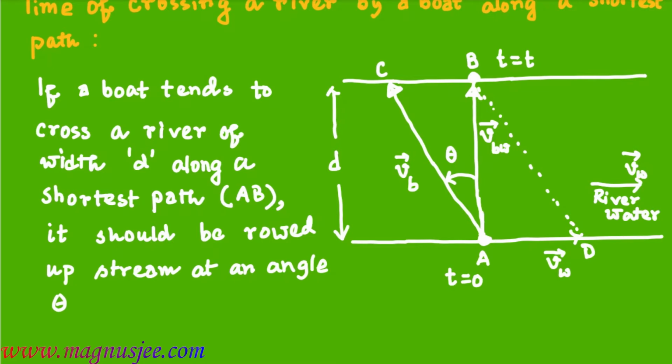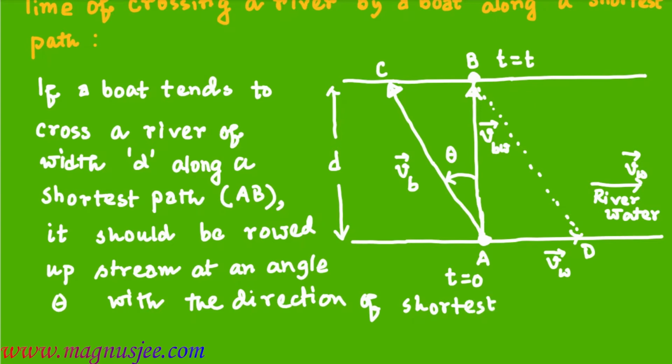The boat should be rowed up the stream at an angle theta with the direction of shortest path AB. If a boat tends to cross a river of width d along a shortest path AB, it should be rowed upstream at an angle theta with the direction of shortest path AB.